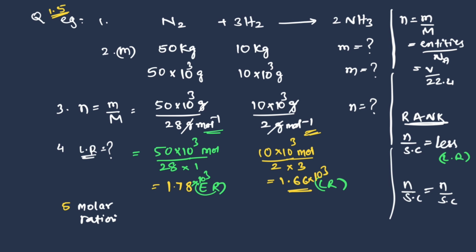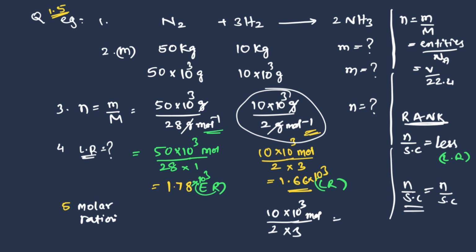So with respect to that, we know moles of hydrogen are 10 into 10 power 3 divided by 2, divided by its stoichiometric coefficient 3, is equal to ammonia moles, which we don't know, divided by its stoichiometric coefficient 2. Then we will calculate using this.